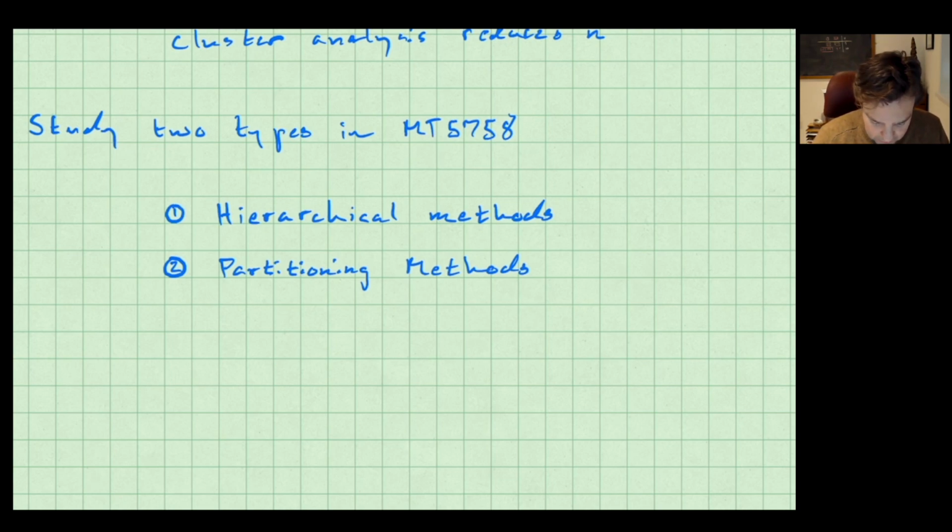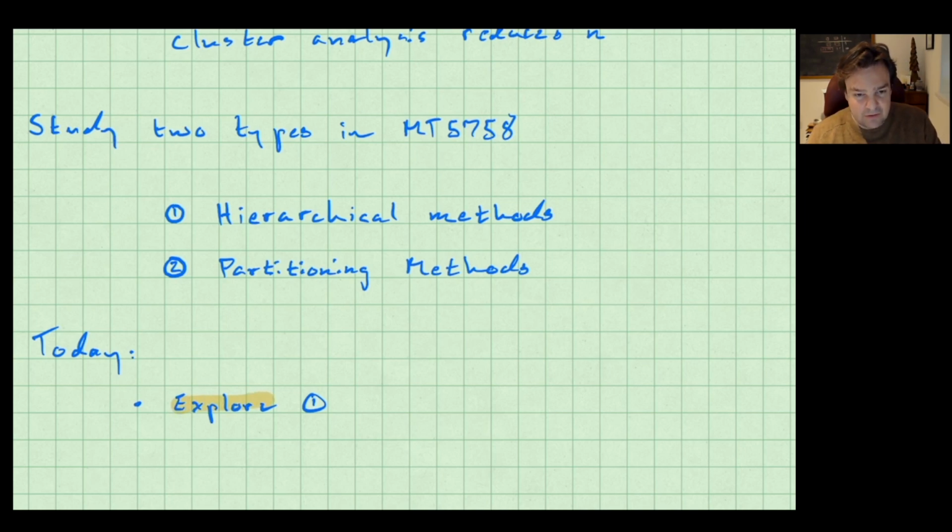And today we're going to do an overview of the first one. All right, so today we're going to explore hierarchical methods. And I really want to emphasize explore, because we're not going to define everything that we see.